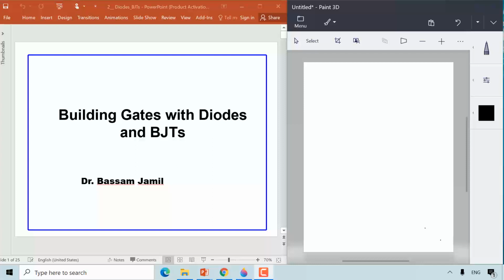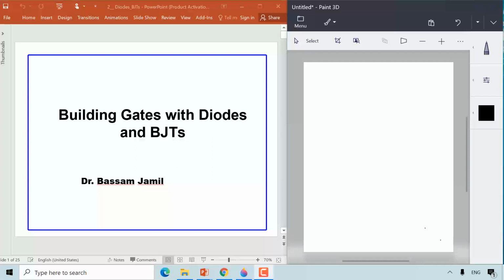Newer technology using CMOS has been used in the last 3 to 4 decades, and it is dominant in the electronic industry. However, from a completeness perspective, we want to discuss those gates that used to be constructed using diodes and BJTs.